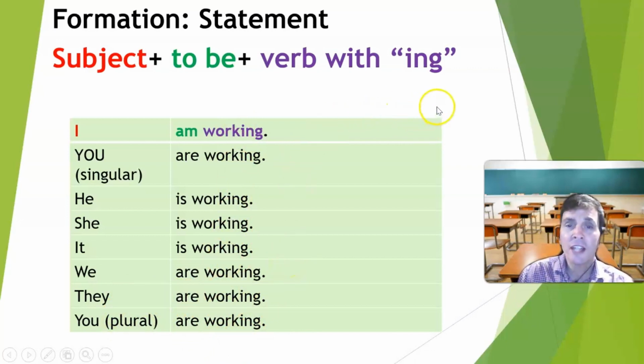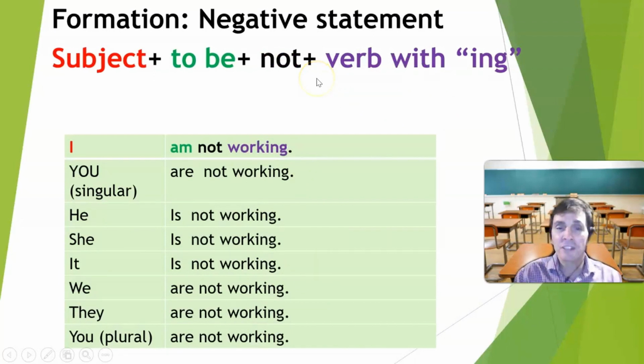Okay, let's take a look at making a negative statement. The only difference here is that you are going to add the word not between the form of to be and the verb with the ing. So we will say, I am not working. You are not working. He is not working.